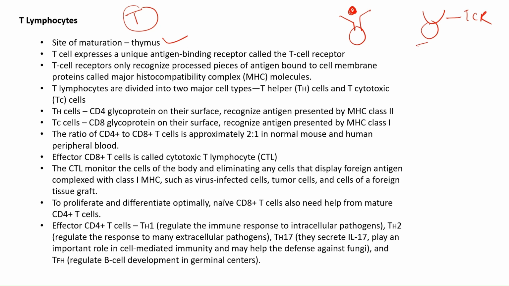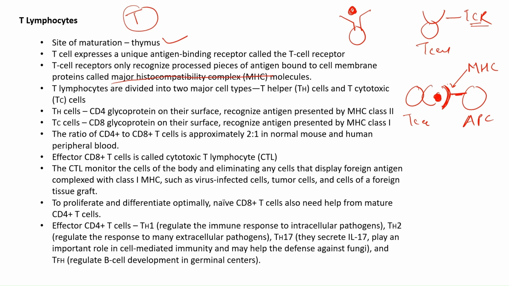But coming to T cells, they can recognize antigen with the help of TCR, but as said, these antigens should be presented by antigen presenting cells. Now these antigen presenting cells will present the antigen to the T cell. The receptor of the antigen presenting cell, which is holding this antigen and presenting it to the T cell, is known as MHC, that is, major histocompatibility complex.